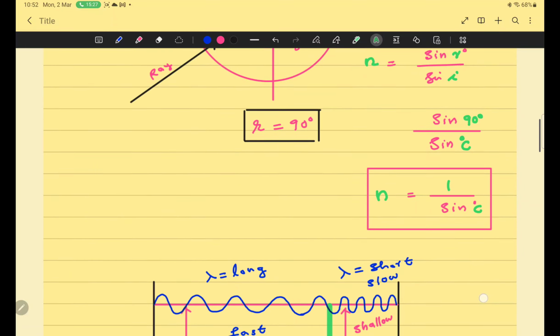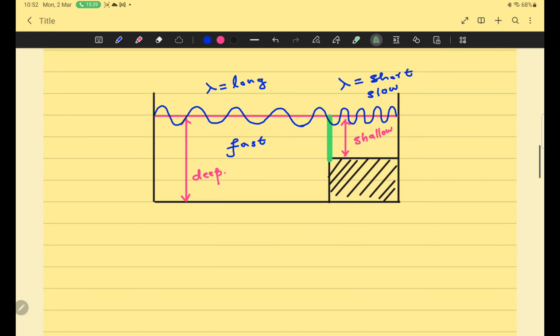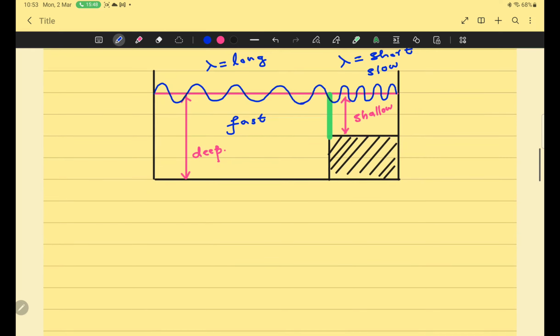In the same way, when water waves produced in a deep region enter into a shallow region, their speed decreases, their wavelength decreases, and it is called refraction of water waves. And you should know one more formula, and this formula will be used in both cases, light as well as water.